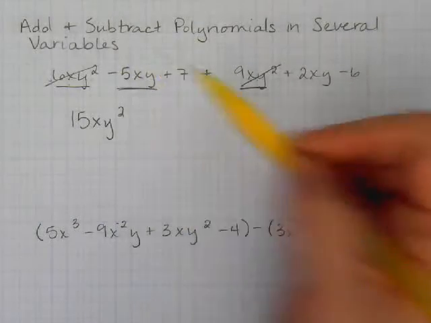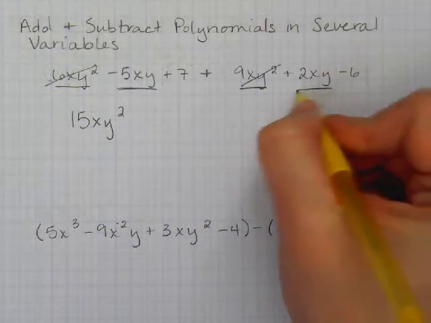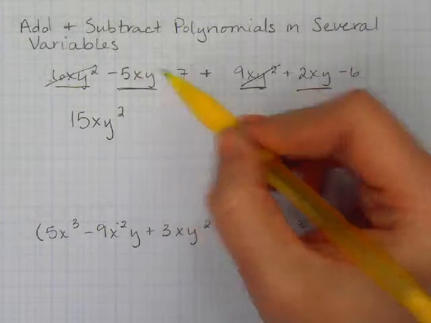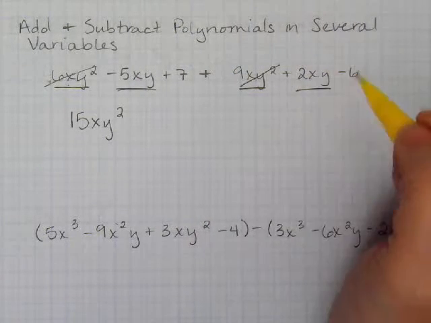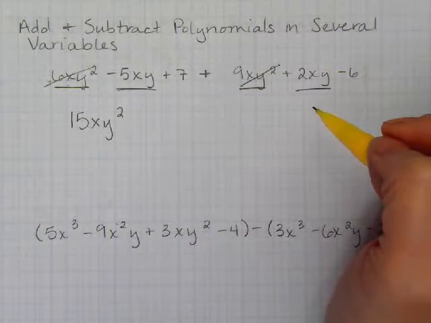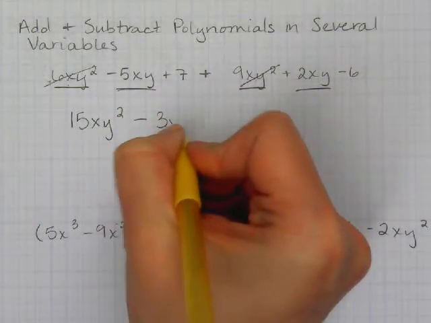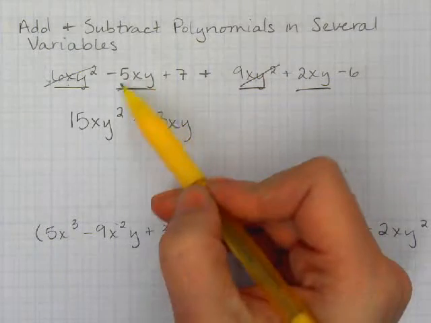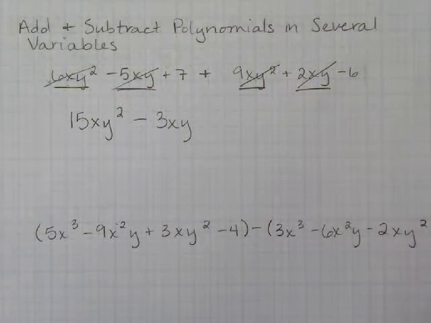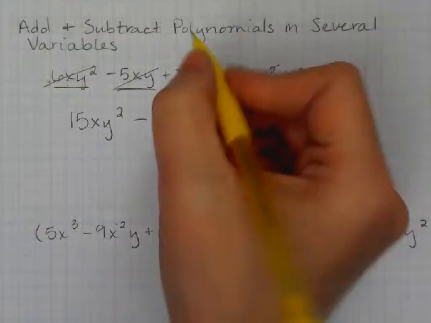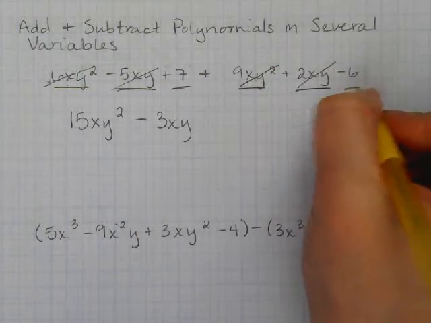What do I have left? 7 and negative 6. And what is 7 plus negative 6? 1. So what do I put here? Plus 1. Is there anything else that I can combine? No, this is it. So this is my simplified combined polynomial.